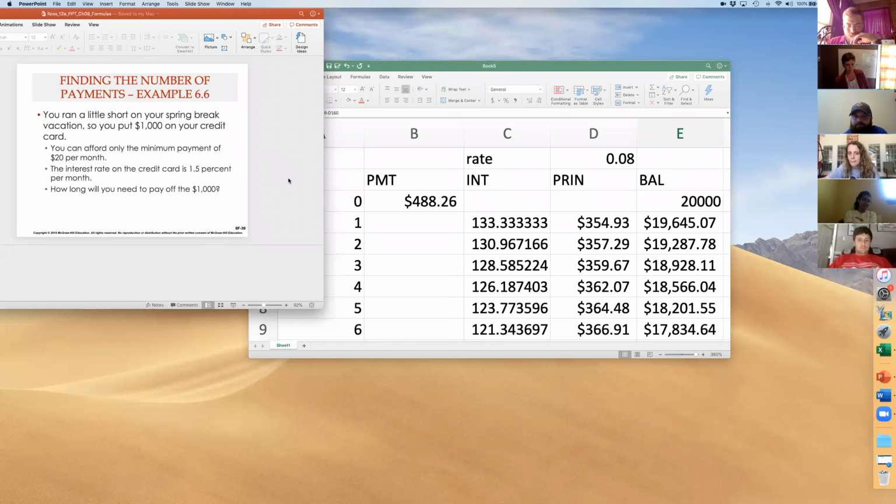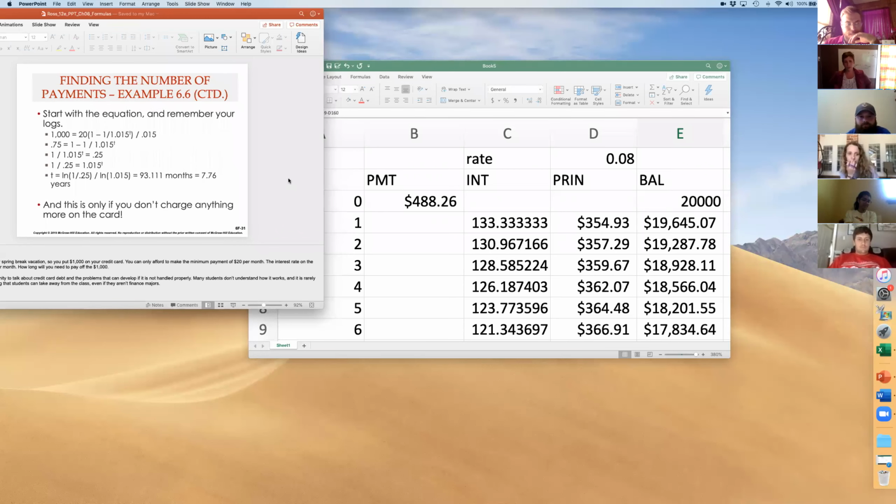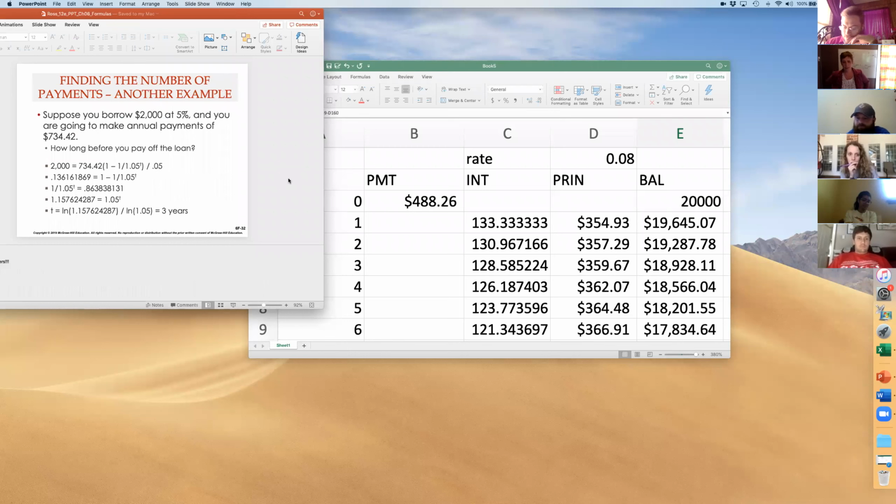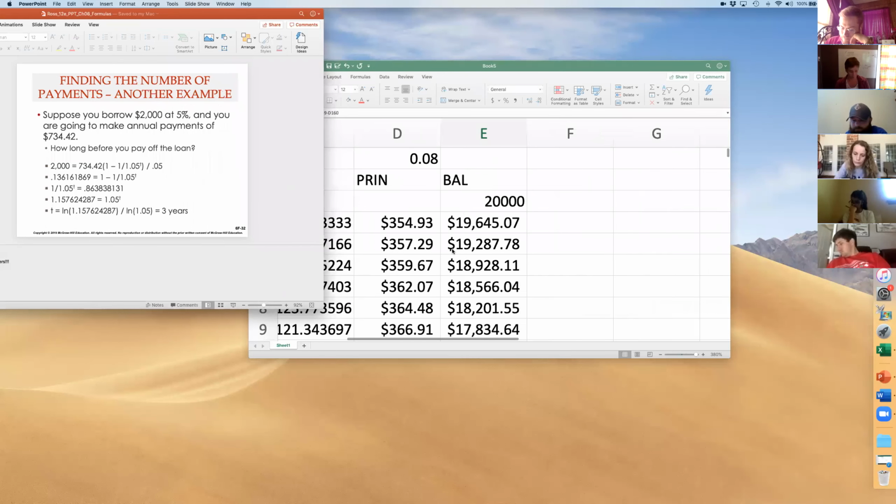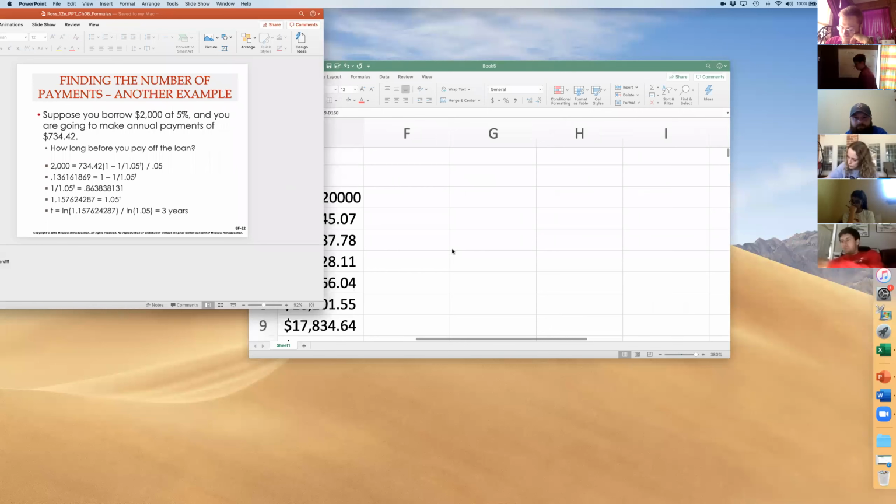Okay, so let's do another one. Suppose you borrow $2,000 at 5% interest and you're going to make annual payments of $734.42. We can do this one real quick in Excel. I'll put it up on a timeline. We're going to borrow $2,000, time period 0.